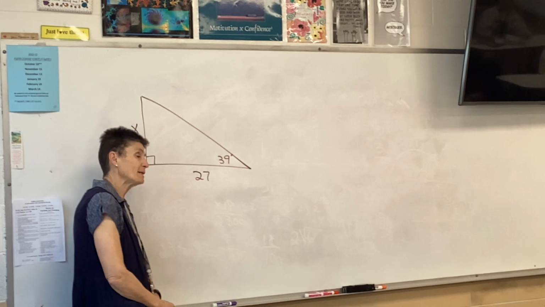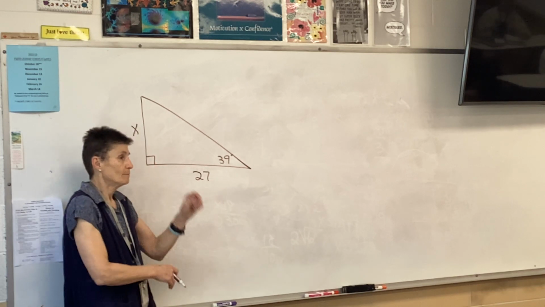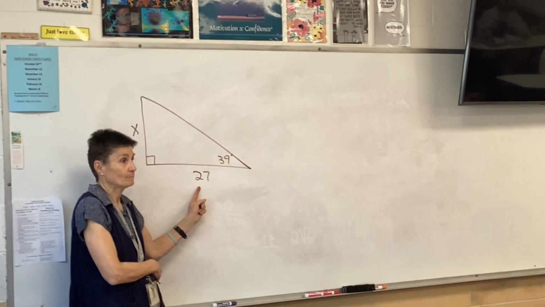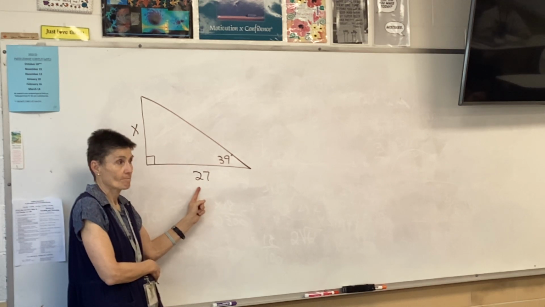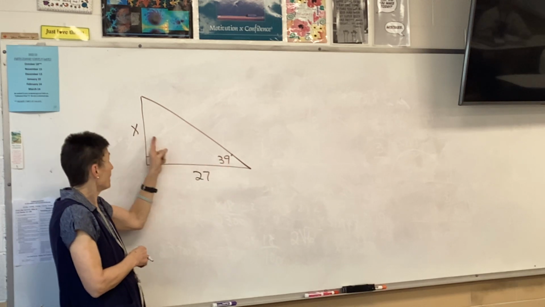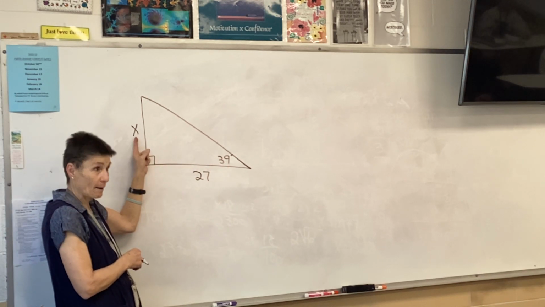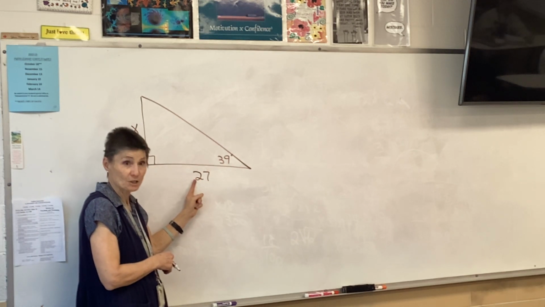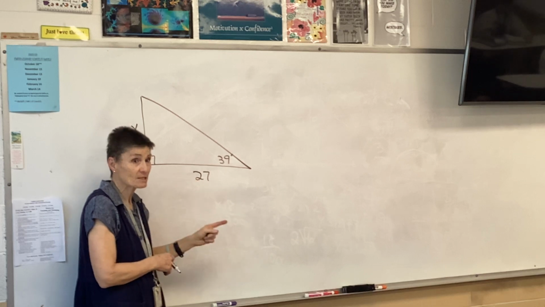Okay, so I want everybody to look at your picture. You have the X here and the 27 here. This is your angle. X is opposite, 27 is adjacent. That has to be tangent.